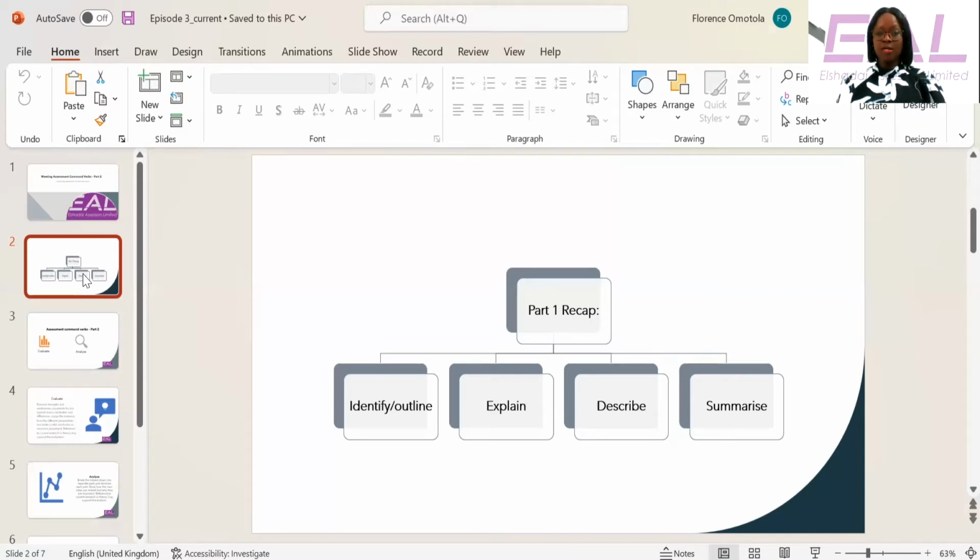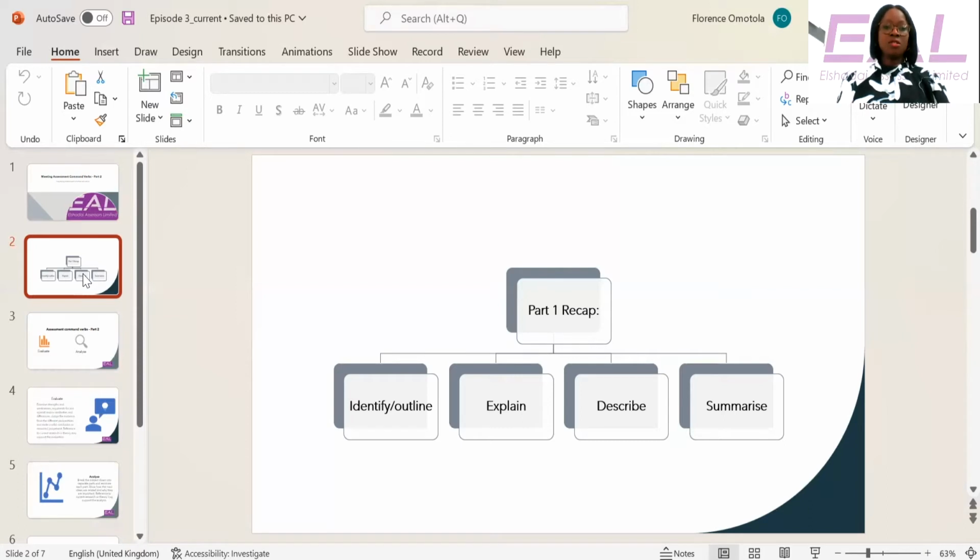And summarize, yes, we talked about summarize as well. It is bringing together all the main points of a particular text, or maybe policies or procedures, and giving the key points around that subject matter. That's what summarize means.